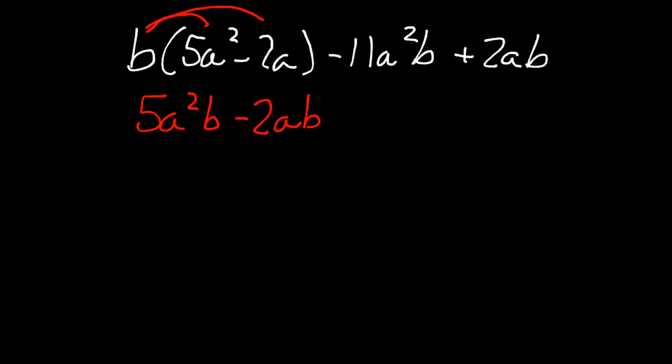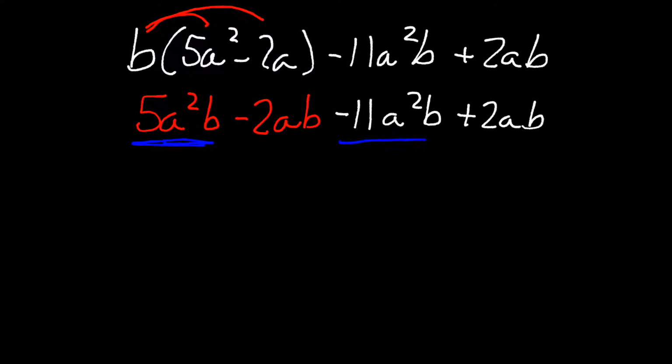And I haven't done anything to the rest, so we'll leave that as minus 11a squared b plus 2ab. Alright, now it looks like we have some common terms, and it's all thanks to doing our distributive property here. I have 5a squared b, and I have a minus 11a squared b. I have a negative 2ab and a plus 2ab.